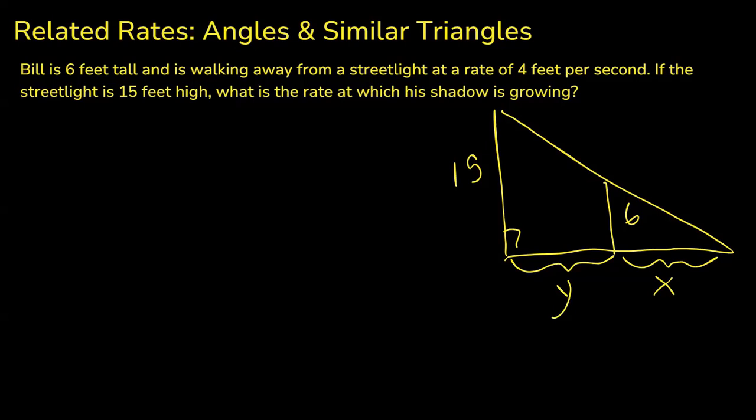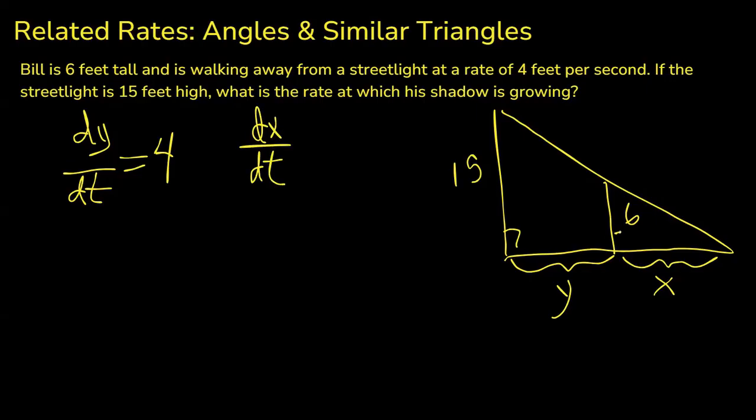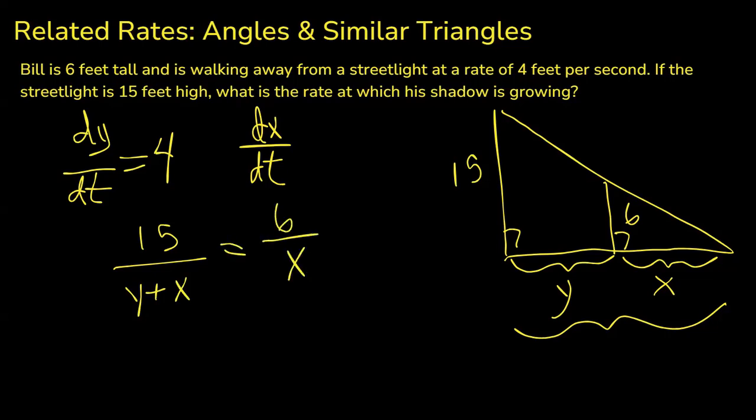Now, if he's walking away from the street light at 4 feet per second, that means the distance y is changing at a rate of 4 feet per second. We want to know at what rate his shadow is growing. That's dx dt. Again, we have similar triangles here. So we know that 15 over this entire side of the triangle, which is going to be y plus x, is going to be equal to 6 over x.